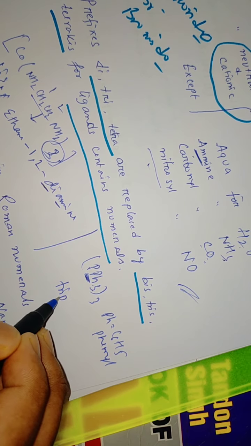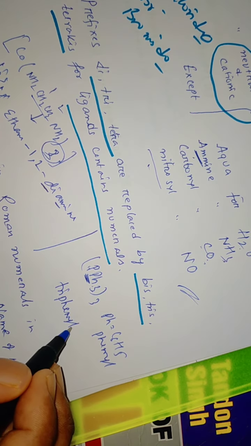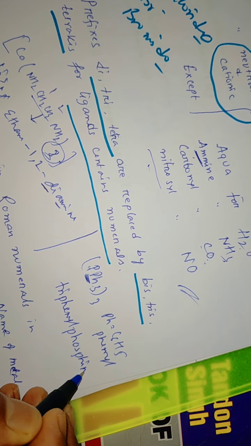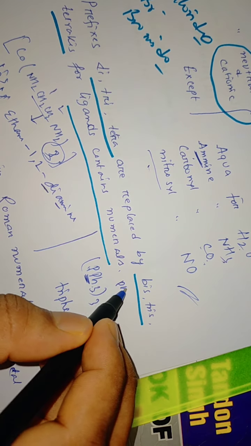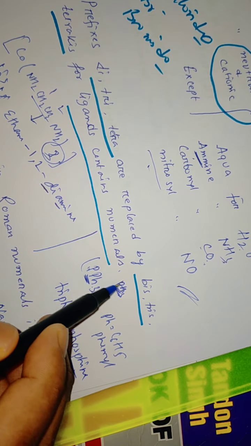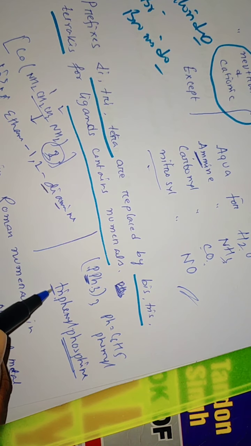So this is your triphenylphosphine. Actually PH3 is phosphine, but the 3 hydrogens are replaced by the 3 phenyl groups, triphenylphosphine.